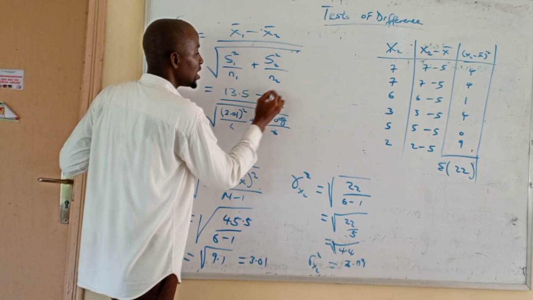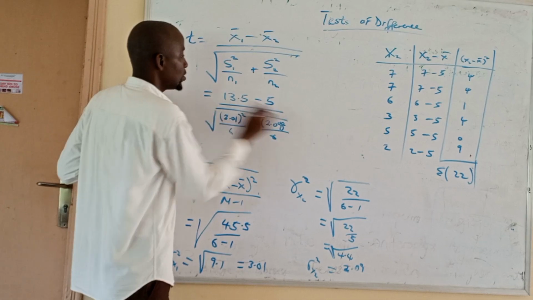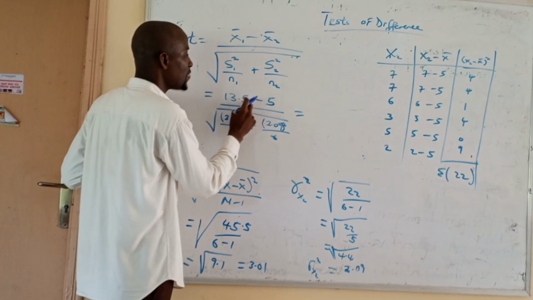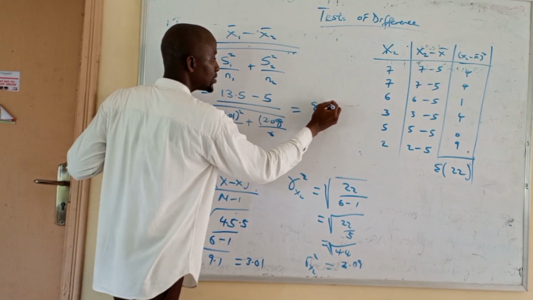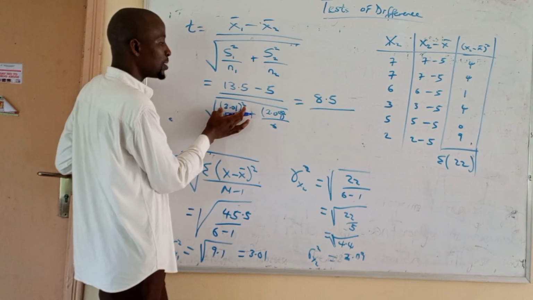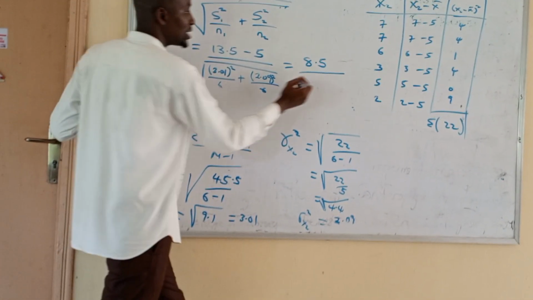13.5 minus 5, because our mean 2 is 5. So let us also deal with the numerator first. 13.5 minus 5 will give us 8.5. We have this in brackets, 3.01 squared. The funniest thing is that when you square it, you are going to get 9.1.